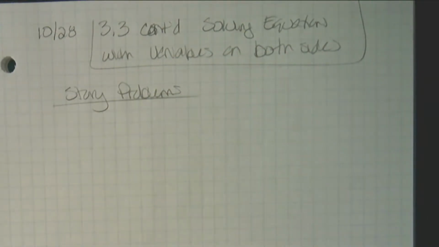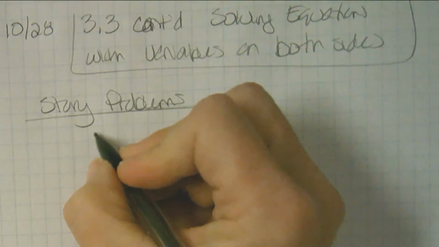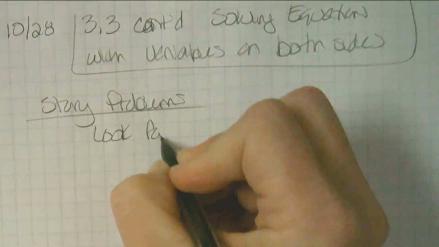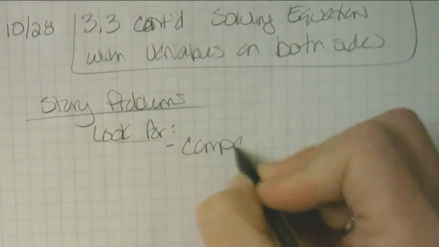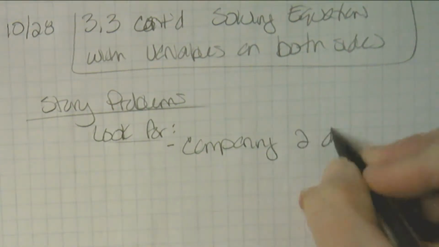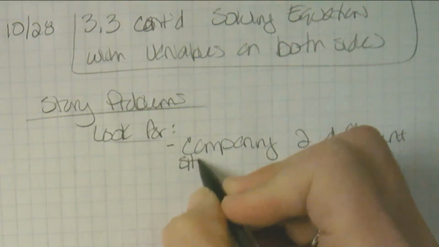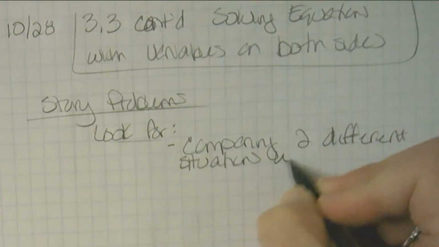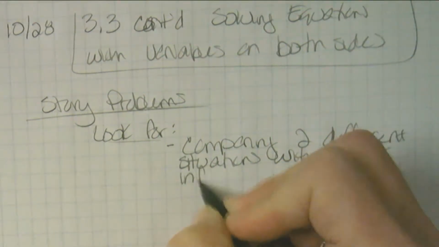When we have story problems in this situation, where we have variables on both sides, what you want to look for, you are comparing 2 different situations with similar information.